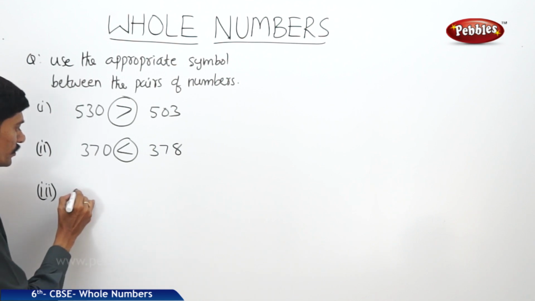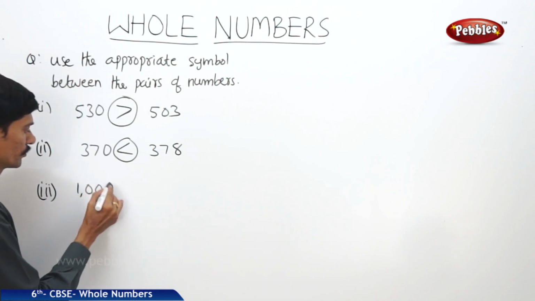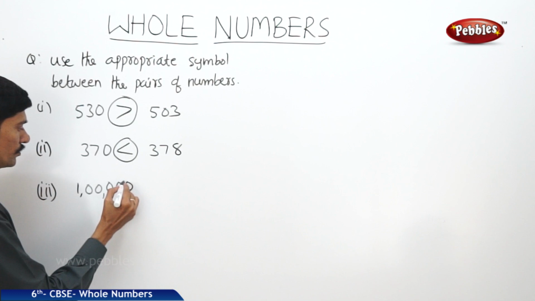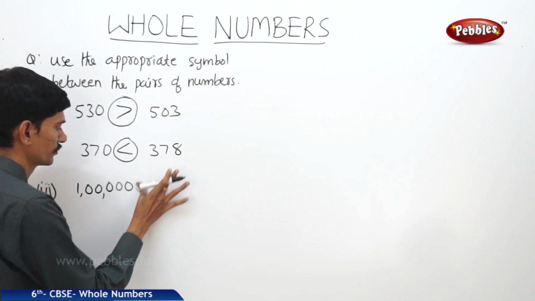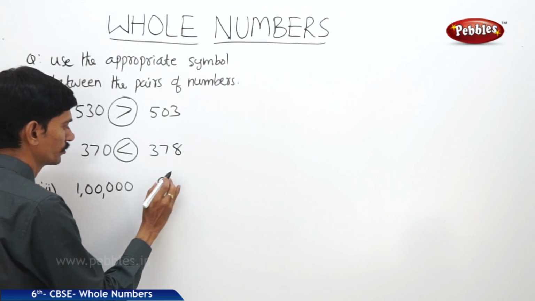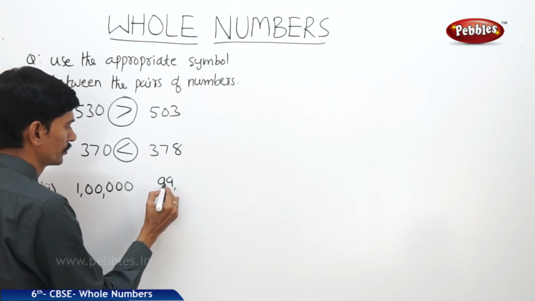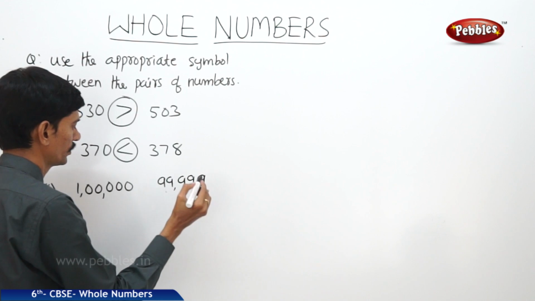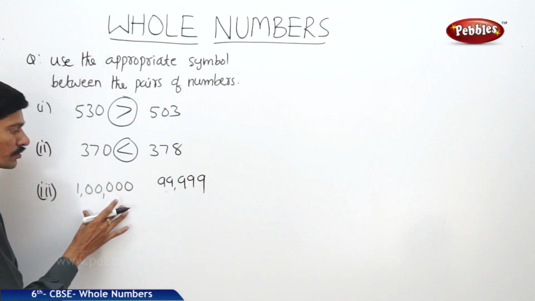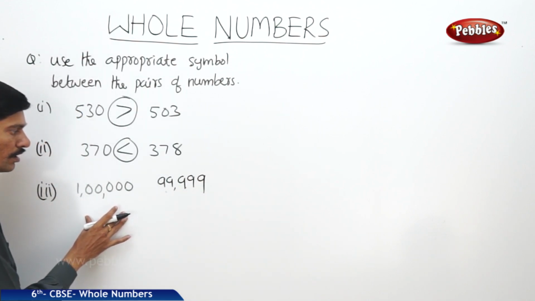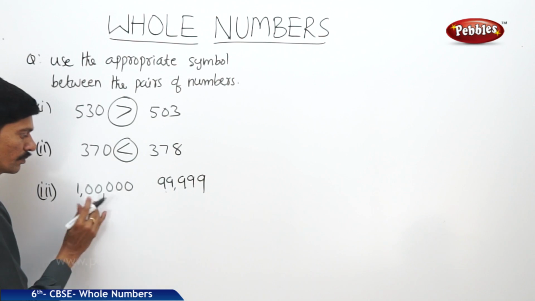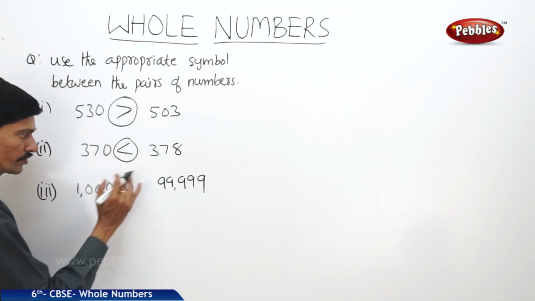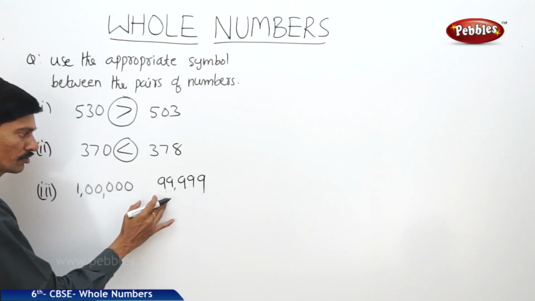The next question, 1 lakh and the other number 99,999. Here also 1 lakh is just after the other number 99,999, and 1 lakh lies on the right of 99,999.